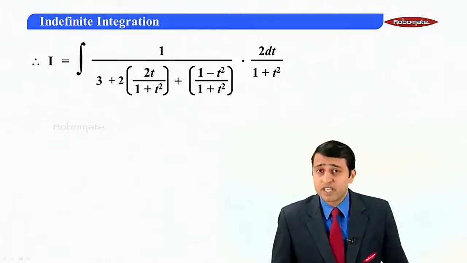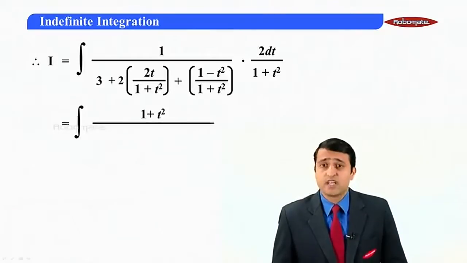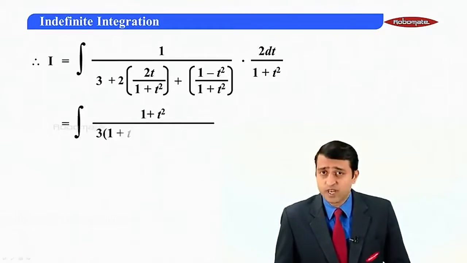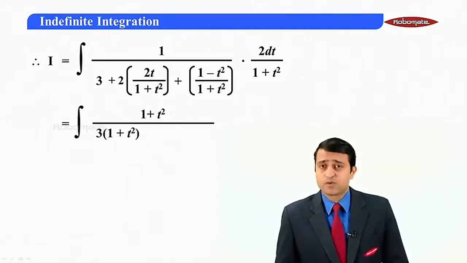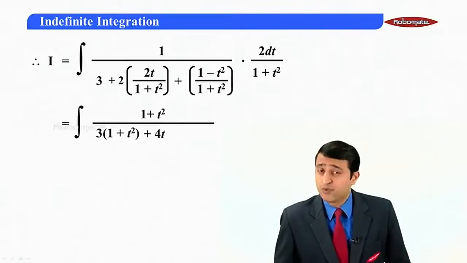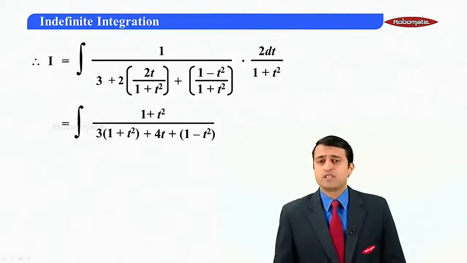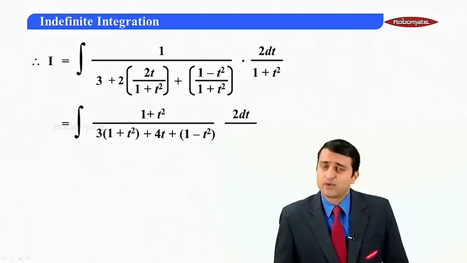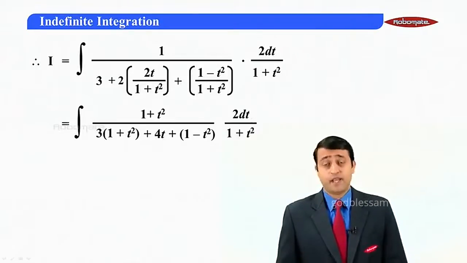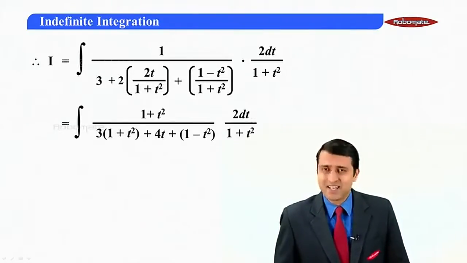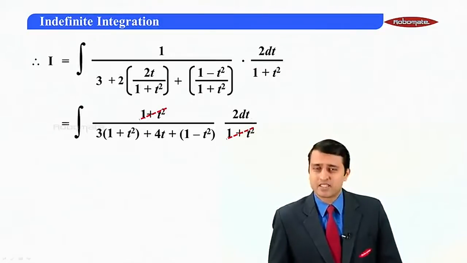Now the next step is taking LCM. So we will get integral of 1 plus t square upon 3 into 1 plus t square plus 2 into 2t, that is 4t plus 1 minus t square, and here I will write 2 dt upon 1 plus t square. Now my dear students, it's clear to us that 1 plus t square cancels.